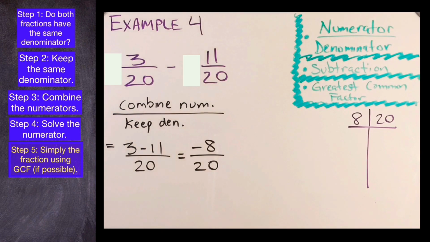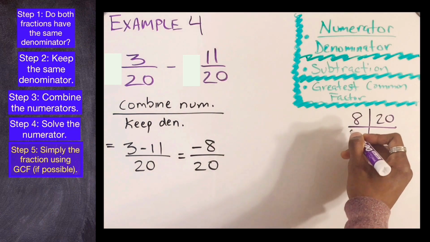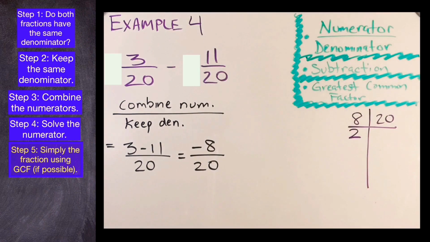On the side that says 8, you're going to list all the numbers that can be divided evenly into 8 with the exception of the number 1. I would say that 2 can be divided into 8 evenly. 4 can be divided into 8 evenly. And 8, of course, itself can be divided into 8 evenly.